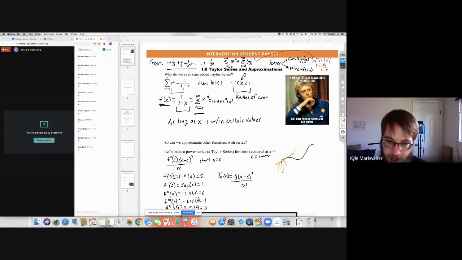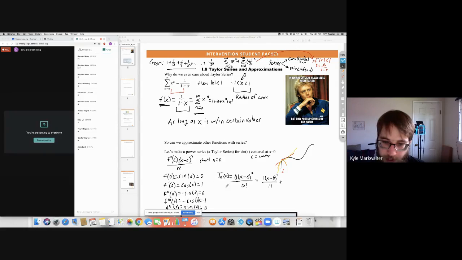Notice I took my f0 value, then x minus my center to the n, starting at the 0th derivative, over n factorial. Plus, I move on to f prime. Now n is 1, so the first derivative at 0 was 1. x minus c was x minus 0. Now I'm in my first term, not my 0th term anymore, so it looks like that.